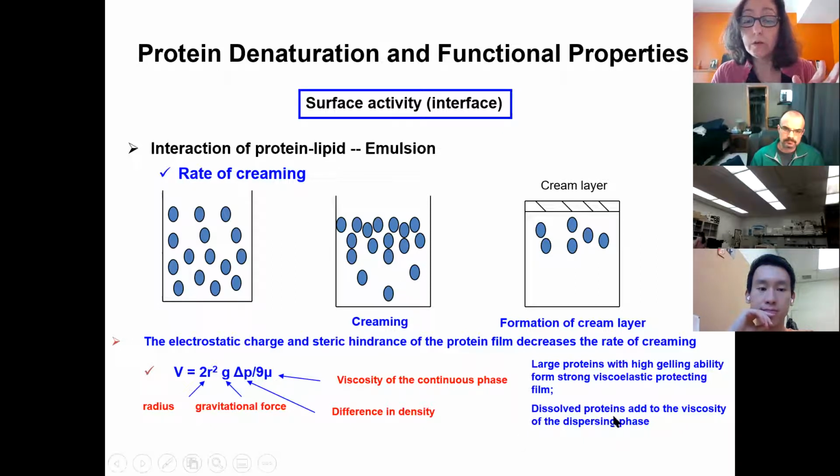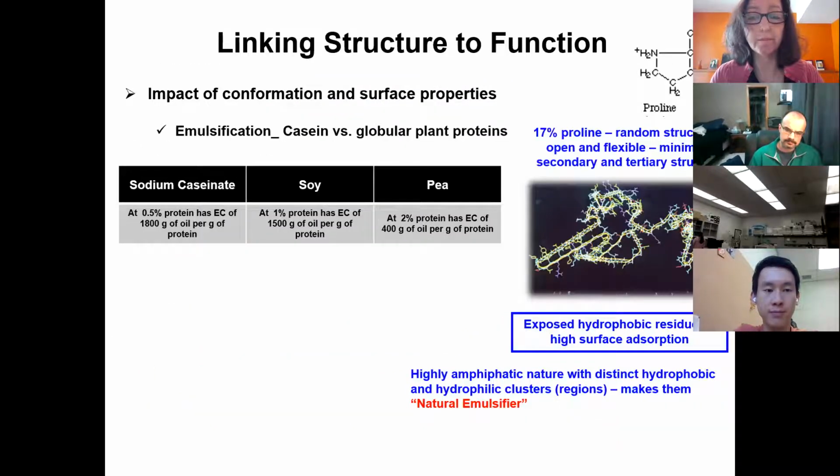Also, if you have dissolved proteins, let's say the dispersing phase is aqueous and the protein is soluble in it, then you have higher viscosity. That also adds to the resistance to coalescence. So these are the components that impact the rate of creaming.